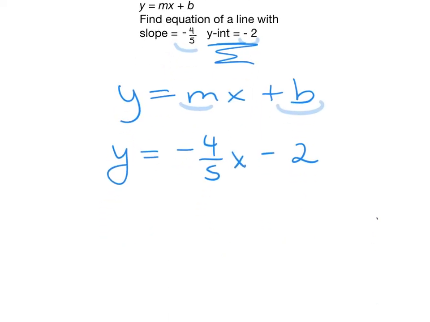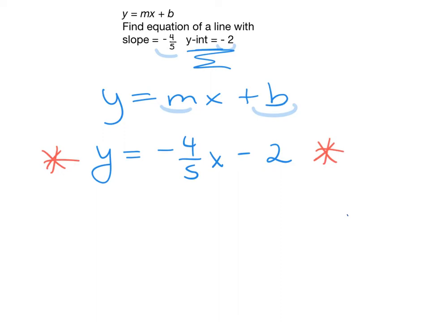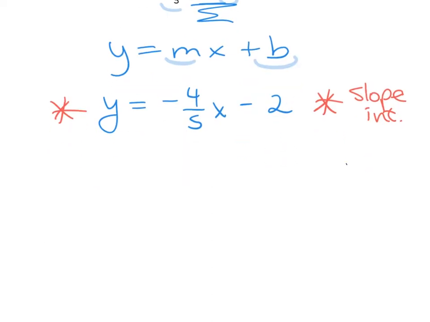Now, just to practice, let's put it into standard form. Get rid of the fraction. This is what the instructions asked for, slope-intercept, but I'm going to practice putting it in standard. So here is my equation.